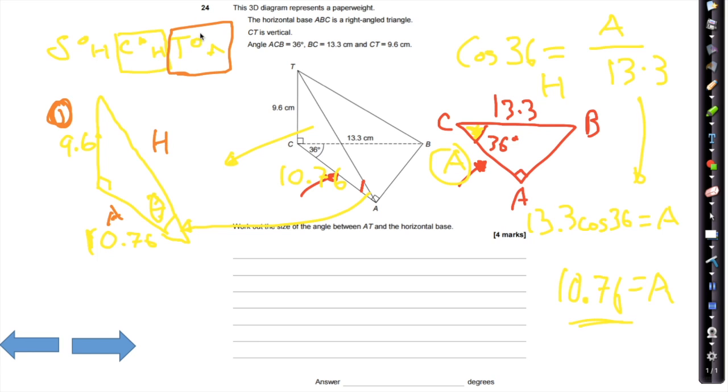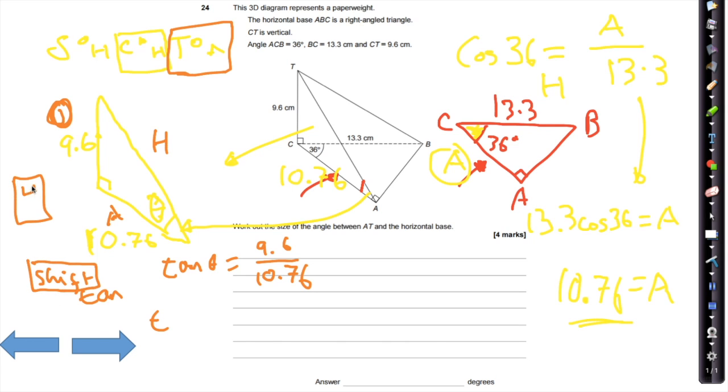That tells me we'll use tan. Tan of the angle is opposite over adjacent. So tan theta is 9.6 over 10.76. As we're looking for an angle, remember we have to press Shift tan, so press Shift in your calculator, then tan.